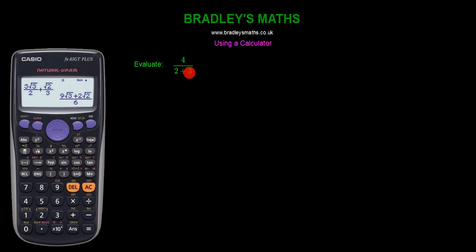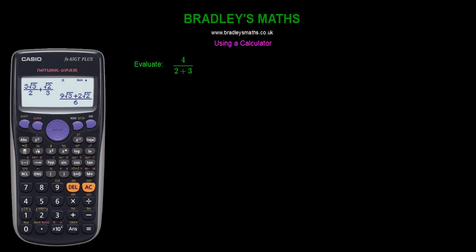When we enter this calculation into our calculator, the calculator knows that the 2 is part of the denominator, but it doesn't know that the 3 is part of the denominator. It can't possibly know that unless you tell it.